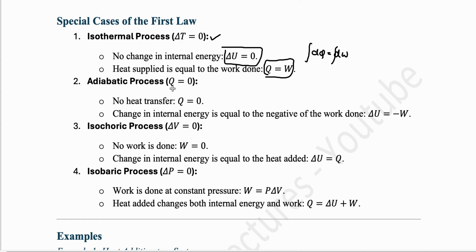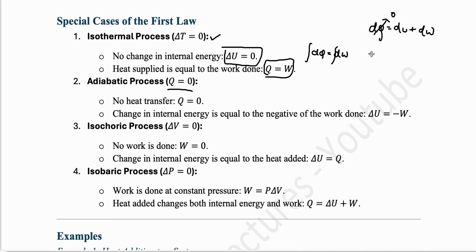Next is the adiabatic process. Adiabatic process means q is 0, which means dq would be 0, right? dq is equal to 0. So everything we are going to look into from the perspective of the first law of thermodynamics. Let me just write it down: dq is equal to du plus dw. So if q is equal to 0, this will become 0.